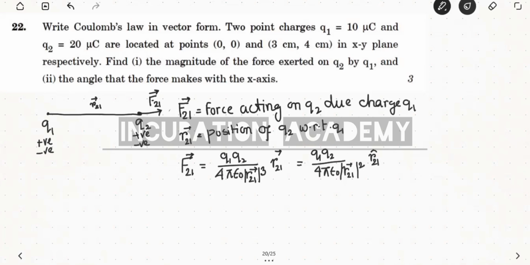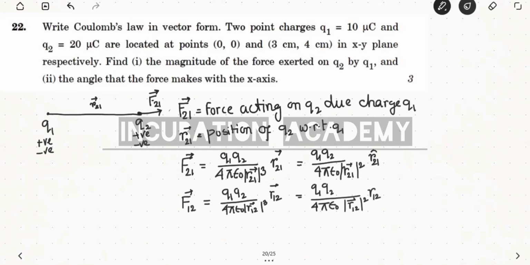Clear? So Coulomb's law in vector form is written. If you want to find F12, the force acting on Q1 due to charge Q2, then it will be Q1 Q2 over 4 pi epsilon naught R12 vector cube times R12 vector, or Q1 Q2 divided by 4 pi epsilon naught R12 magnitude square times R12 cap.